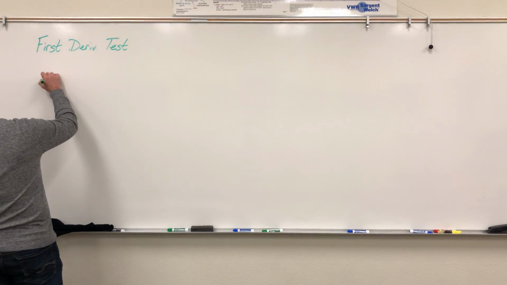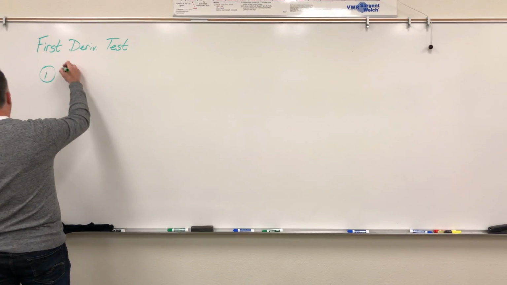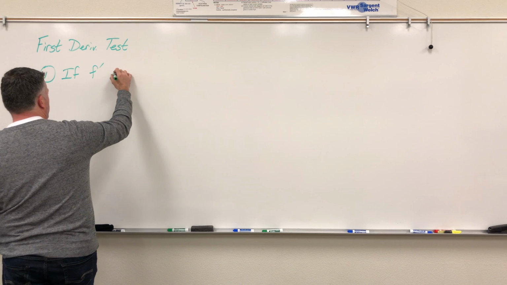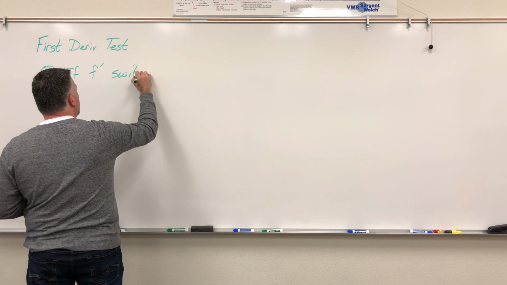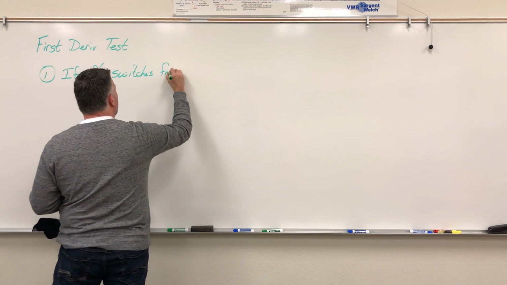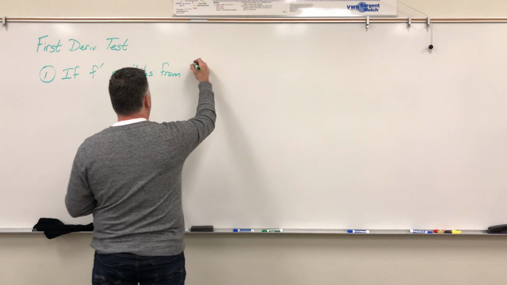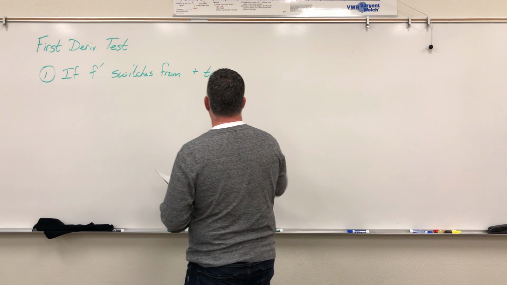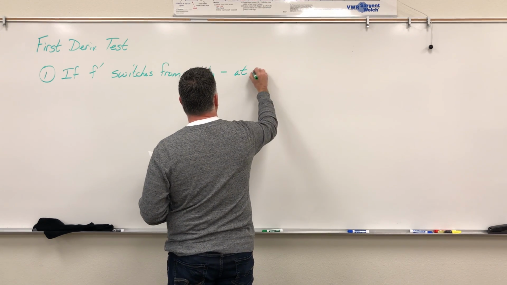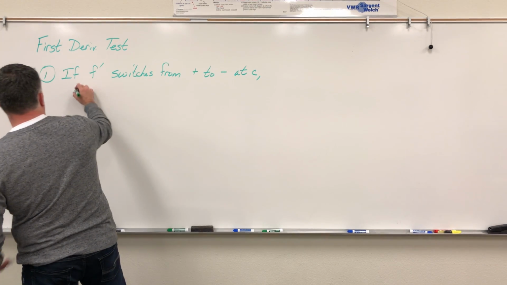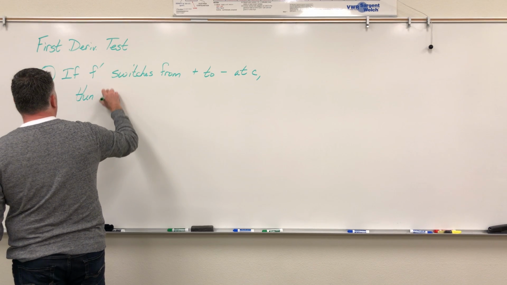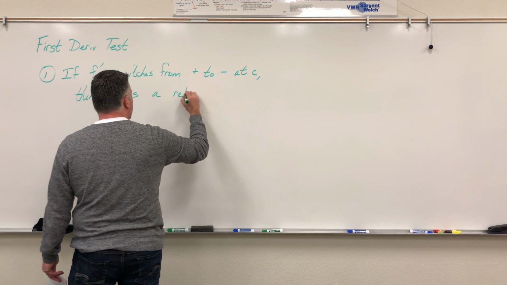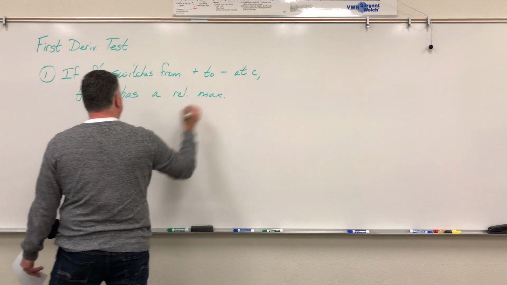So the first one: if f prime switches from positive to negative at c, then f has a relative max.